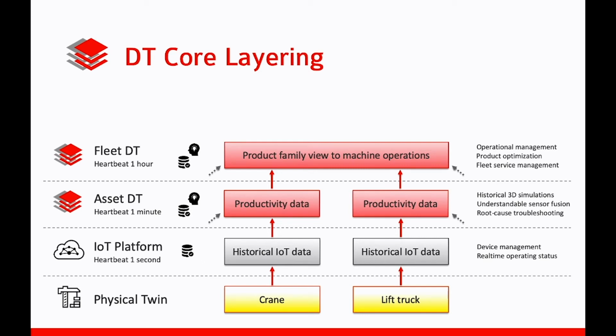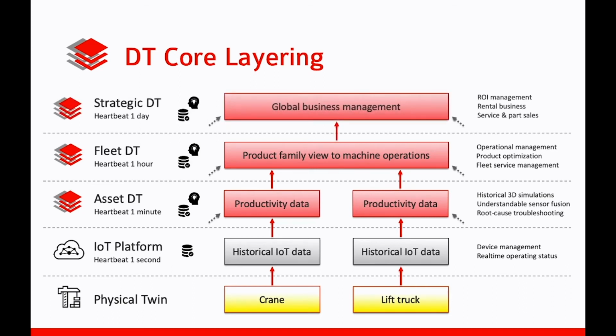And then manage the operations and optimize the products as a whole with different customers, and then the whole service fleet there, for example. And finally, on top of this, we may put a strategic DT that provides, for example, business information to a higher level.